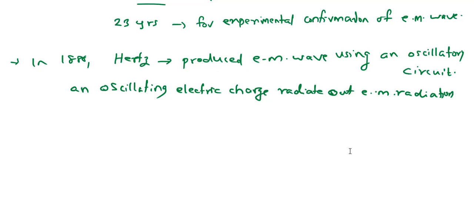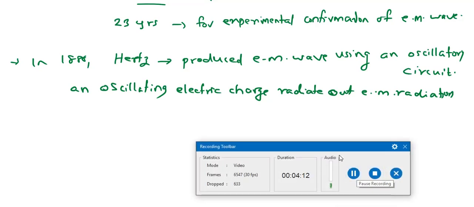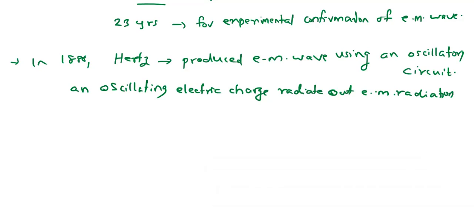Now after this experimental verification, you might have learned in the plus two classes how an oscillatory circuit creates an electromagnetic radiation.